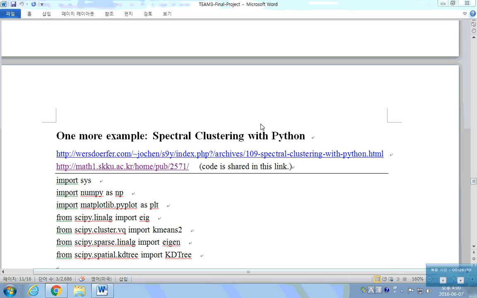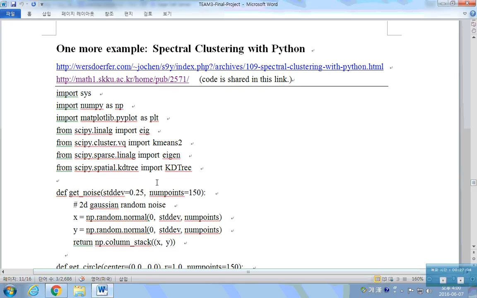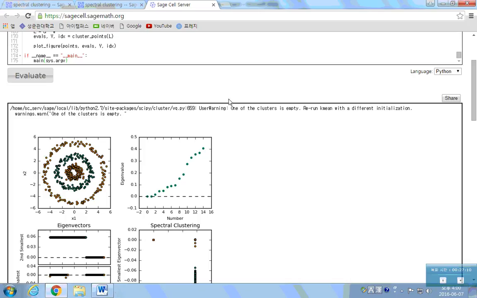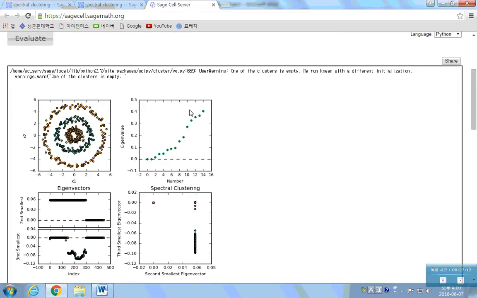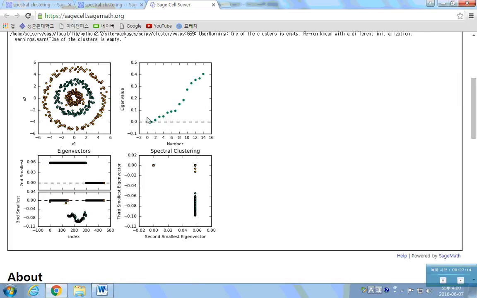Finally, we also show one more example of spectral clustering with Python, and here they are dealing with the Laplacian matrix. One disadvantage is that we cannot easily guarantee how to choose the value k.